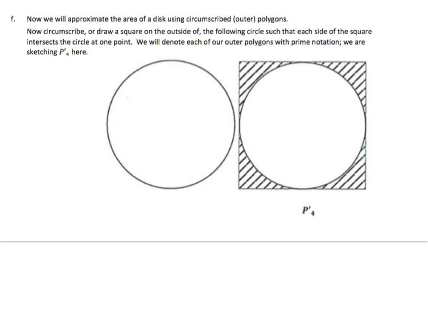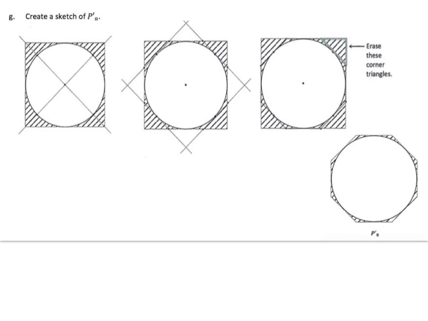We will denote each of our outer polygons with a prime notation. So this is p prime to the 4th, where when we were on the inside, we were p to the 4th. Bad drawing, but this was p to the 4th versus p prime to the 4th. Now go ahead and try to do p prime with 8 sides.